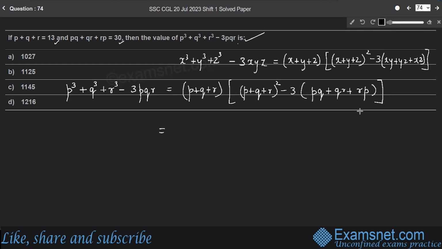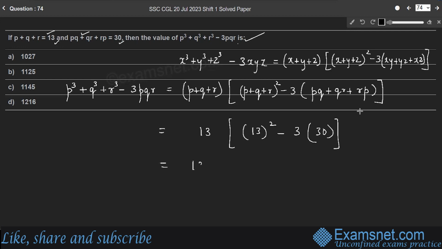So substitute the value. Since P plus Q plus R is 13, so 13 into 13 square, P plus Q plus R the whole square, minus 3 times the second part. So PQ plus QR plus RP is 30, right?